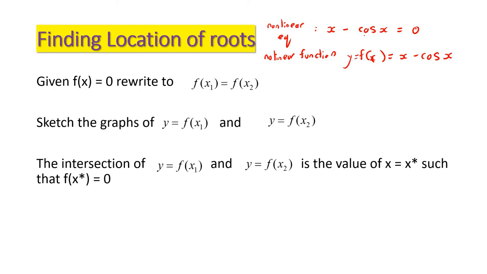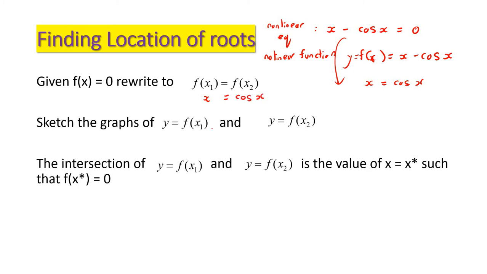So what we can do is, from x minus cos x equal to 0, we can rewrite it as x equal cos x. So from f(x) equal to 0, you can break it into f1(x) equal to f2(x), that's why x equal to cos x. In this one, f1(x) is x, f2(x) is cos x.